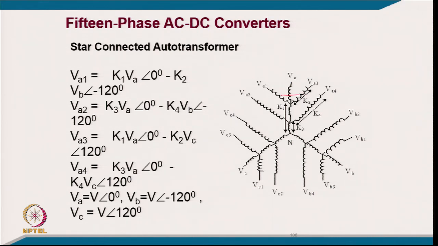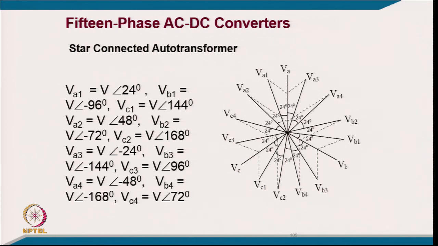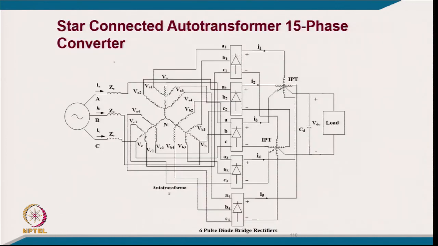As you can see here, what is the original and what is the different degree, a 24 degree shift you are getting from this. 15 phase means 30 pulse, you are using 5 converters, which are connected in parallel with the 15 phase supply. So, each bridge is getting virtually 3 phase, and 15 phase means 5 bridges.